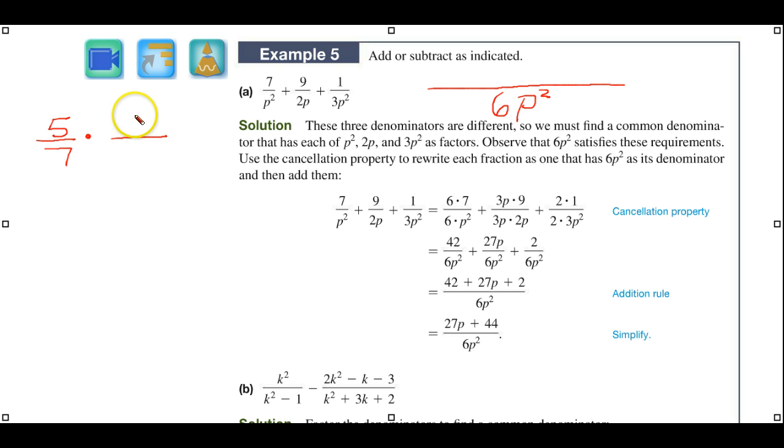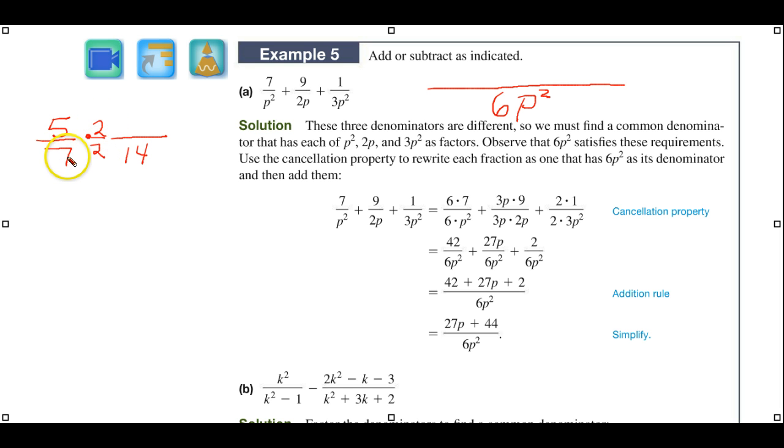But if we wanted our new denominator of 7 to be a 14, what would be the form of 1 that we'd have to multiply this fraction by to make an equivalent fraction? And the answer is it would be 2/2. 2/2 is 1.